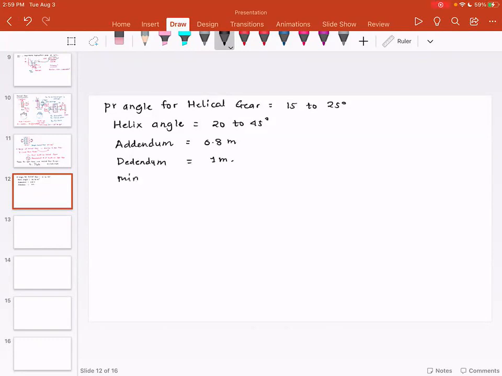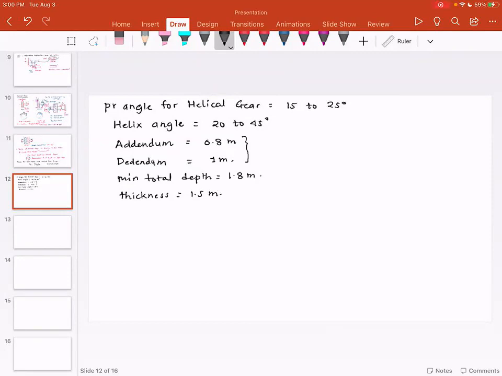Minimum total depth is equal to 1.8 times m. So if you add addendum and dedendum, that's what you get. And then the thickness is 1.5 times module.